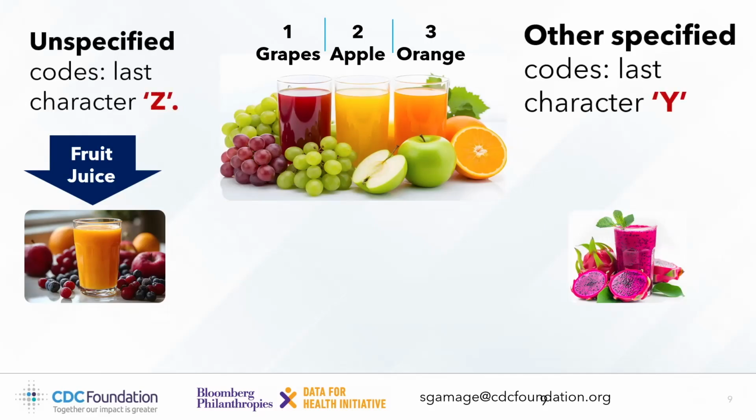If you have just fruit juice, and if it is not specified what type of juice it is, then it is an unspecified fruit juice, because we do not know what is in it. Therefore, in codes, we use the last character Z to indicate this is unspecified, because it just says fruit juice and we do not know whether it is grape juice, apple juice, orange juice, or watermelon juice.